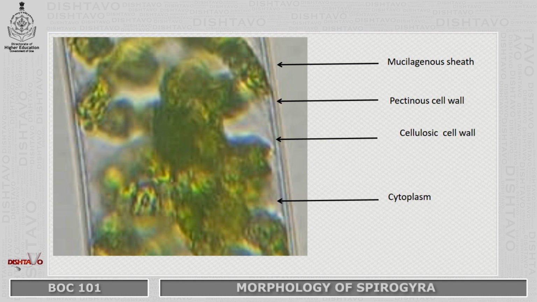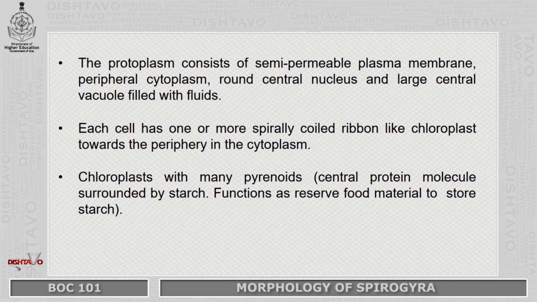Inside the cellulosic cell wall, you will have the presence of the cytoplasm along with the cell inclusions. The protoplasm consists of a semi-permeable plasma membrane, peripheral cytoplasm, round central nucleus and a large central vacuole filled with fluids. Each cell has one or more spirally coiled ribbon-like chloroplasts towards the periphery in the cytoplasm.